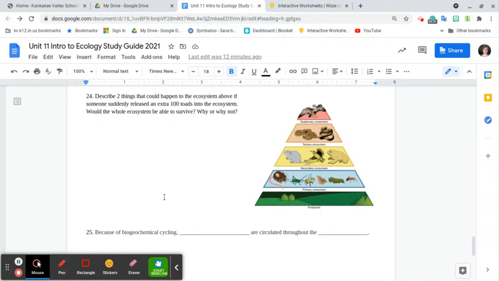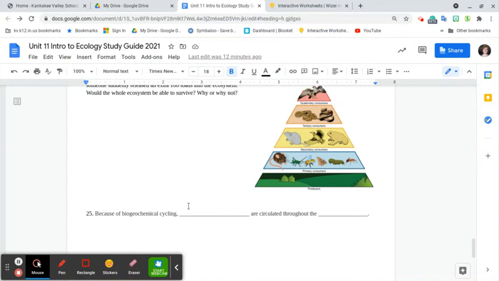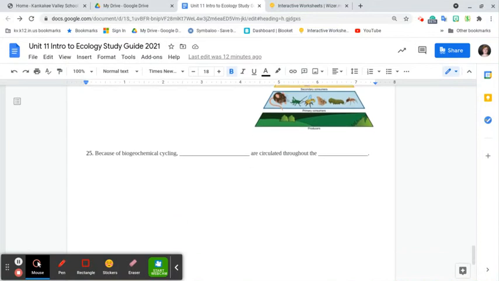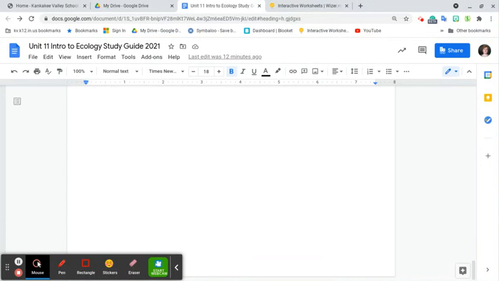So energy is different than nutrients because energy is lost. 90% is lost. Only 10% moves on in every cycle. Where the nutrients, carbon dioxide, water, nitrogen, phosphorus, are circulated throughout the ecosystem, and they may change form, but you do not lose the nutrient within that ecosystem.